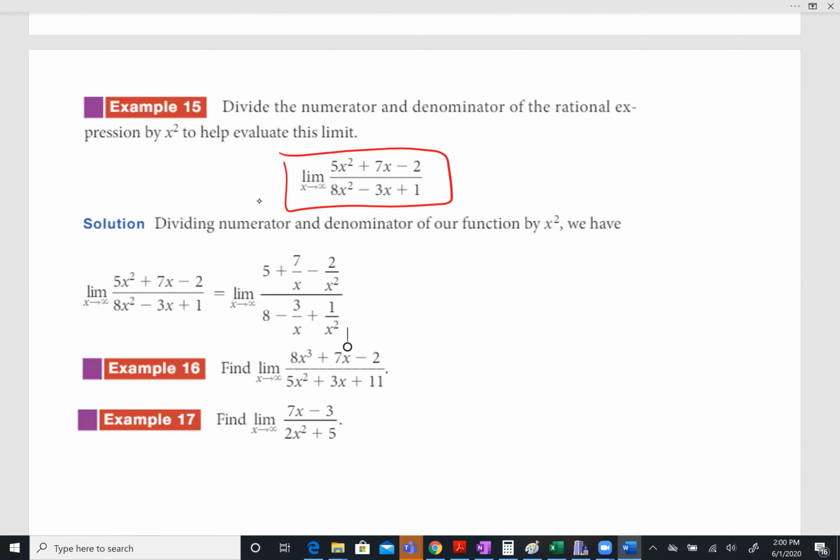Remember that in this case x goes to infinity. My first step is dividing the numerator and denominator of our function by x squared.